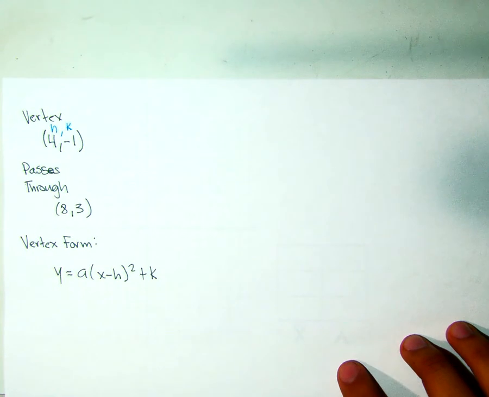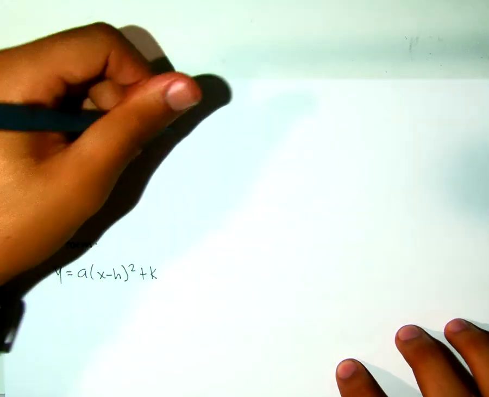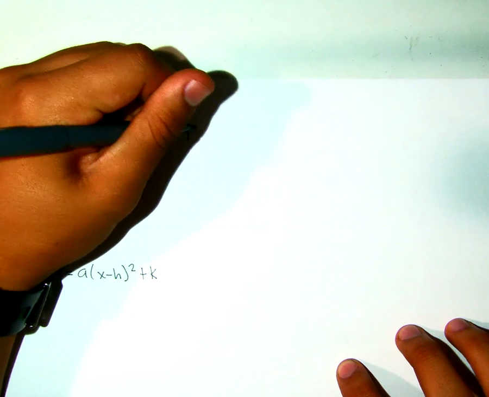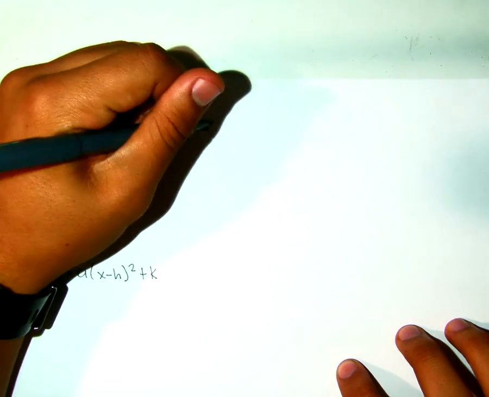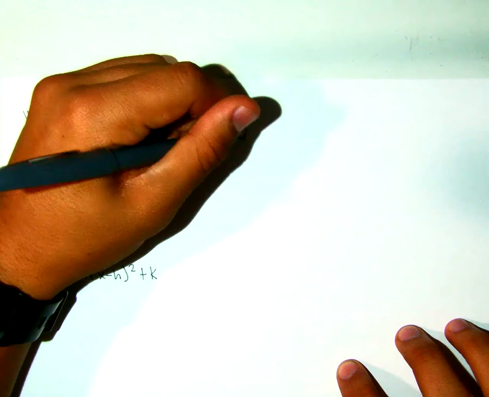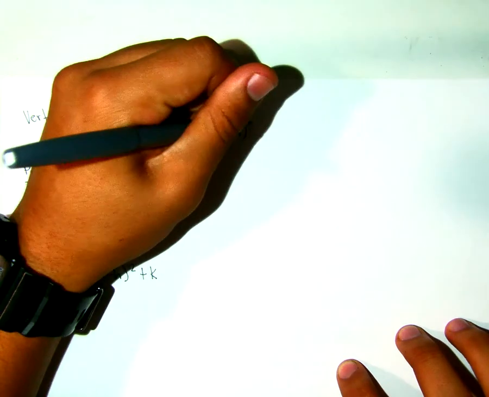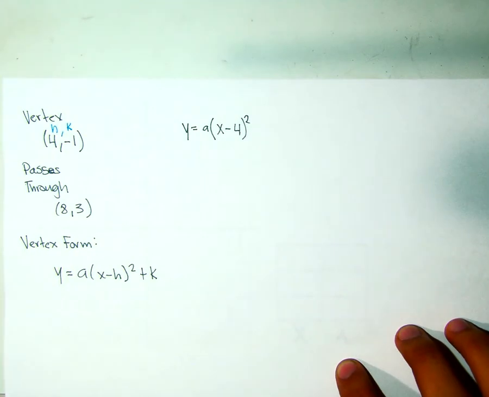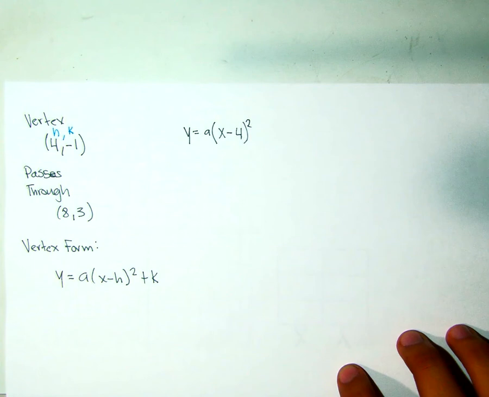Plug them in. So if we plug this in, we'll get y equals a times x minus 4 squared, and then the plus k, how can we write that?